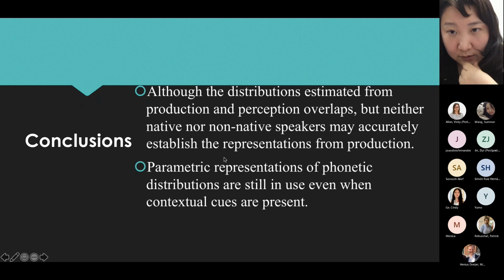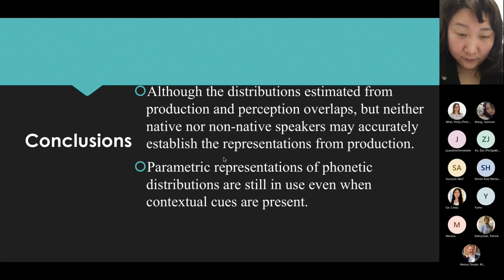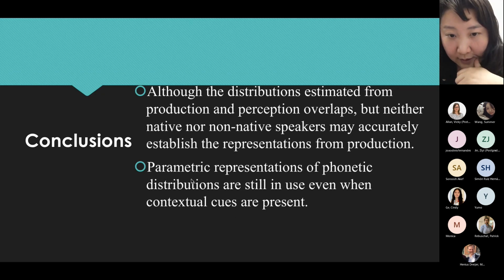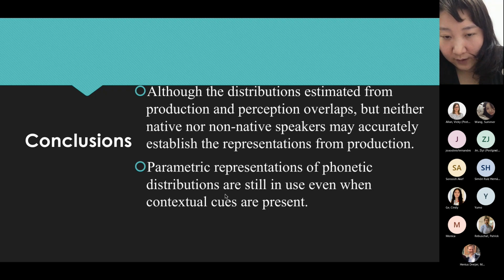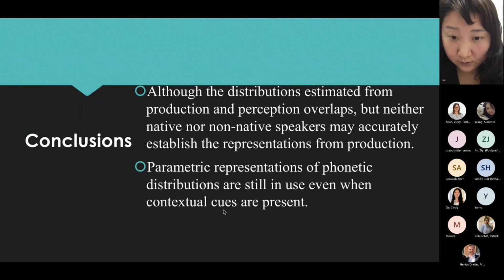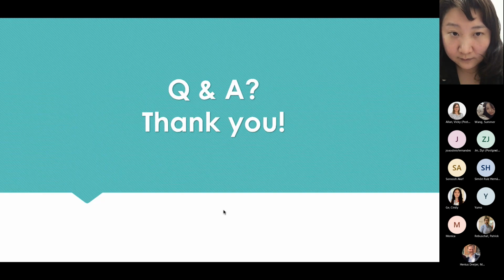So the distributions that you see in the plots do not really overlap completely. And for the experiments testing the two competing forces, we do find that the parametric representations of phonetic distributions are still in use when we have the contextual cues present.